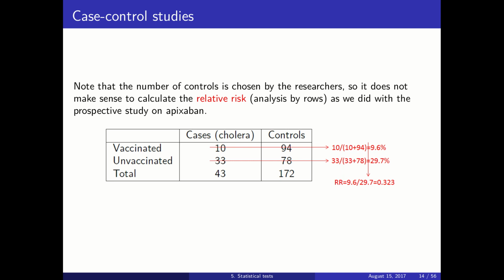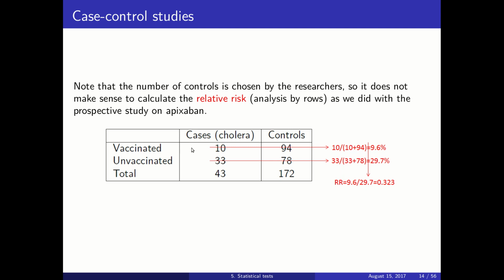It doesn't make sense actually, because the number of controls, you can arbitrarily put more or less controls into the groups, and then you are artificially touching the relative risk.